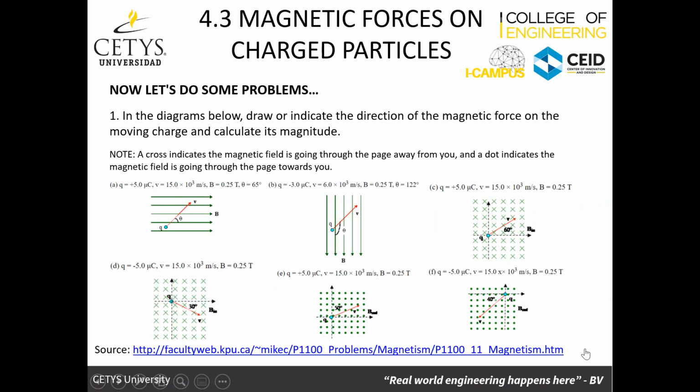If we see an X, it's like an arrow seen from behind, so an X means it's going inwards. A dot means I'm looking at the arrow face on, so it's going outwards.